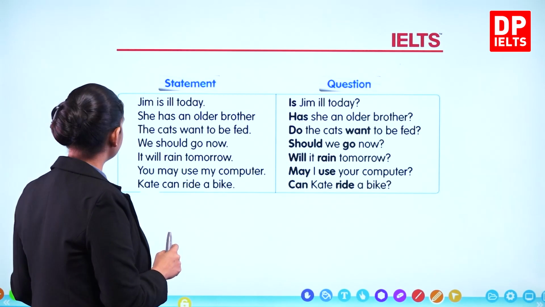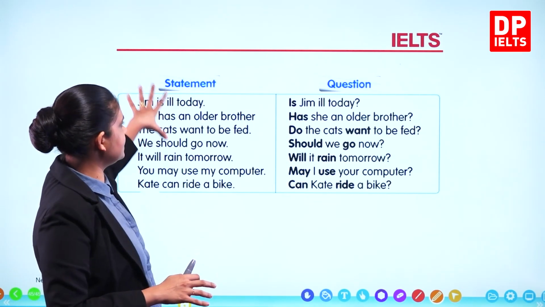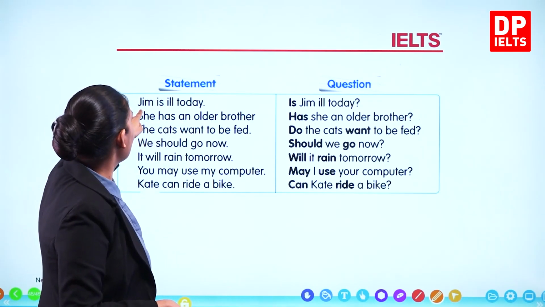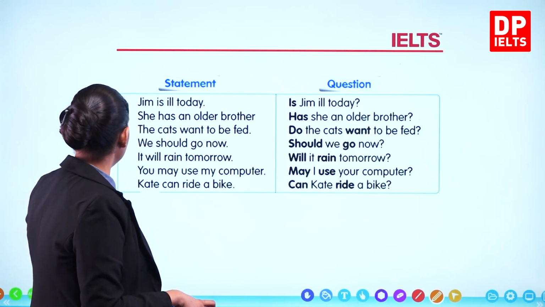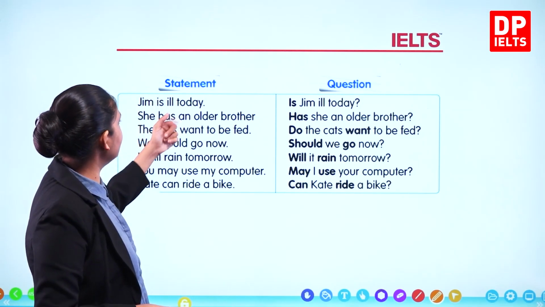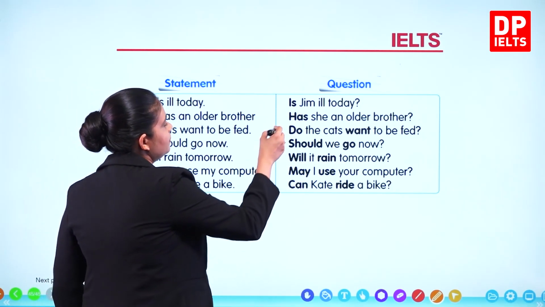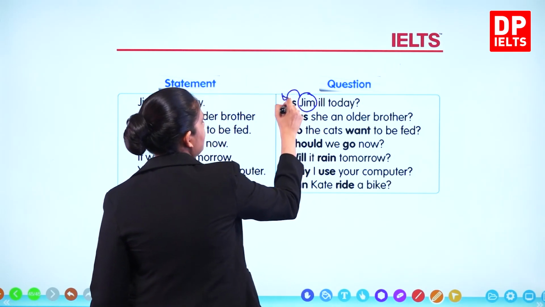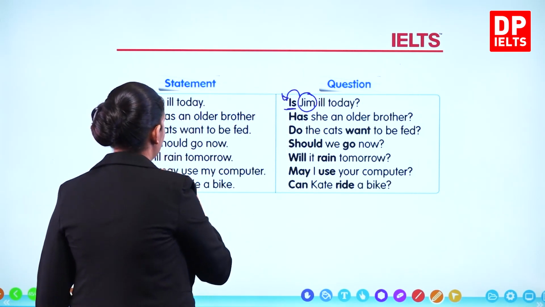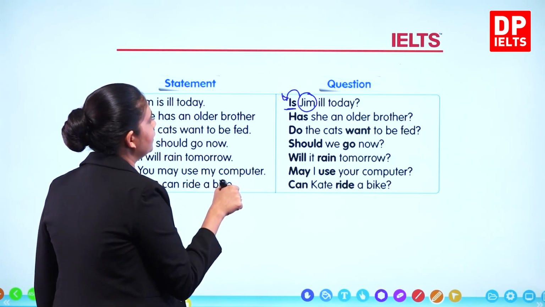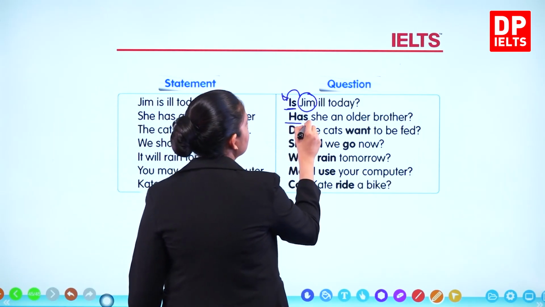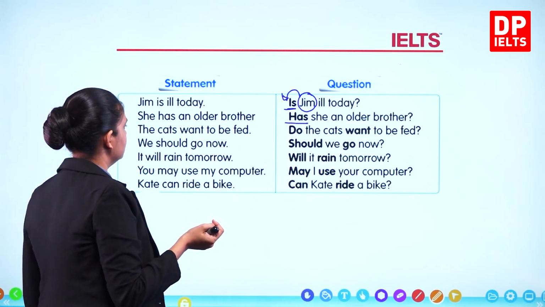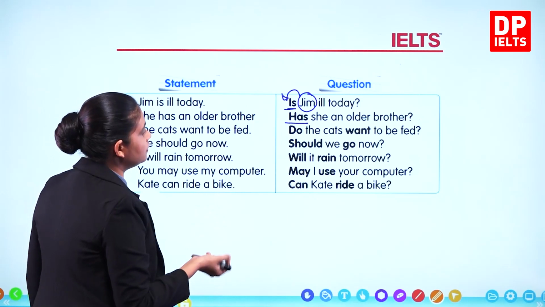Right? So let's have a look at a statement and let's have a look at the question. Okay? So here you can see, Jim is ill today. Is Jim ill today? Who is ill? Jim. So it comes before the subject. Okay? She has an older brother. Has she an older brother? Again it comes before the subject. The cats want to be fed.